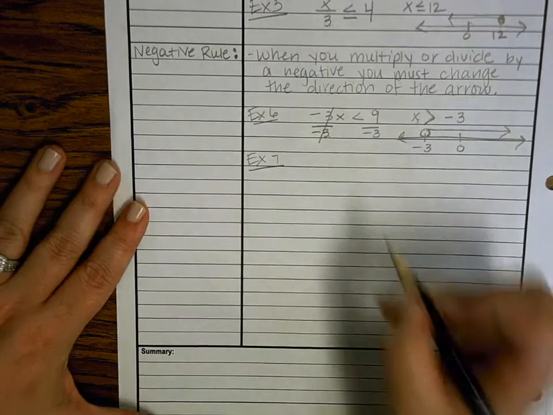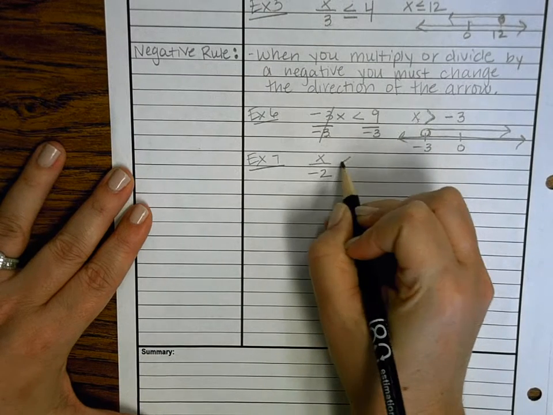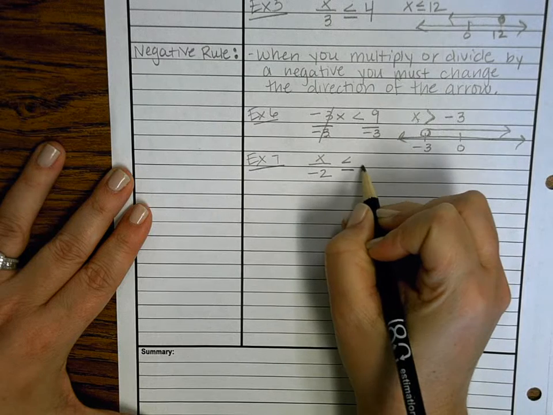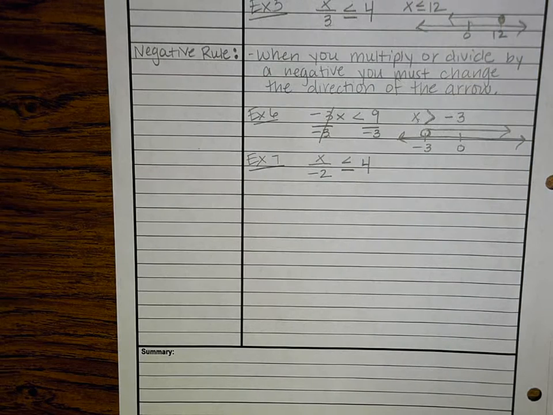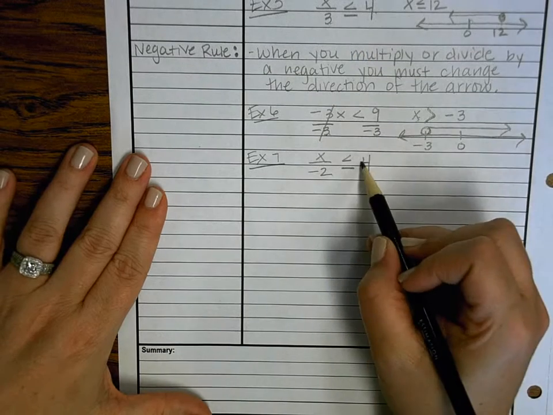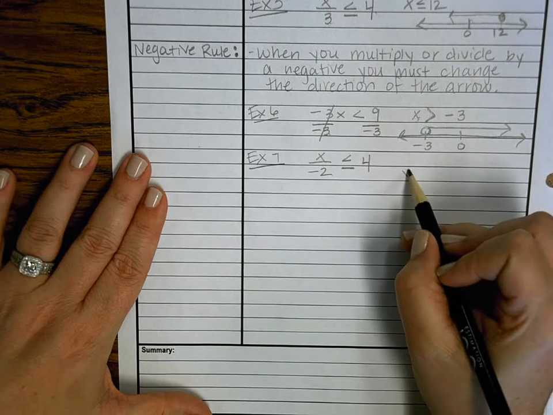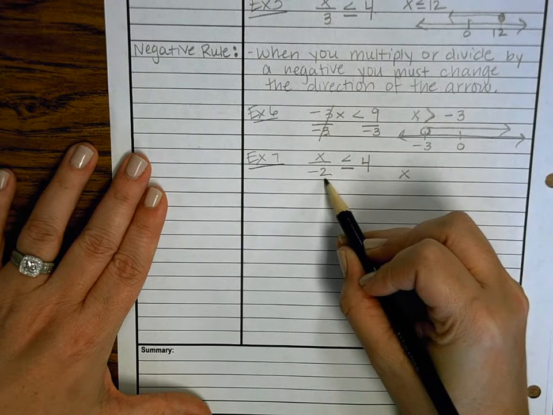Let's do this one. X over negative 2 is less than or equal to 4. What do we do with the negative 2? We multiply, because up here we multiplied, right? So X, and then what do I have to do with my arrows? Change the direction because I'm multiplying by a negative number.